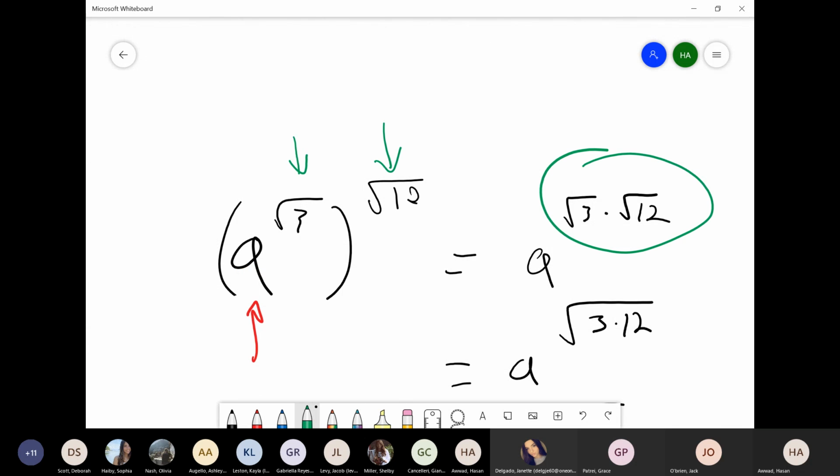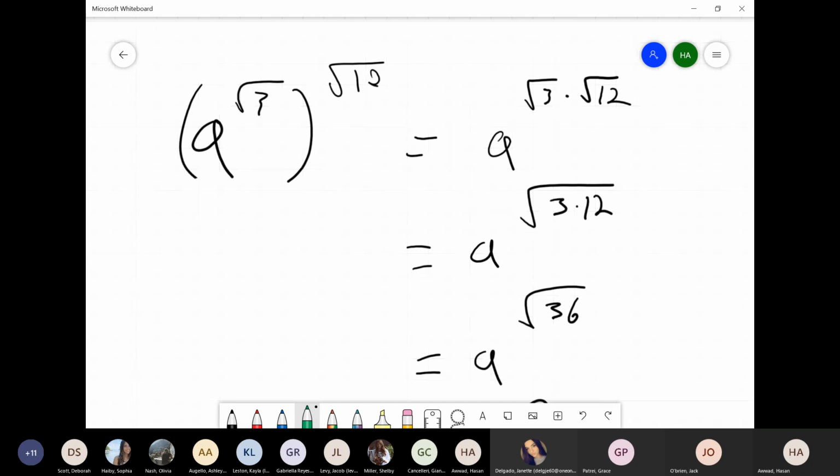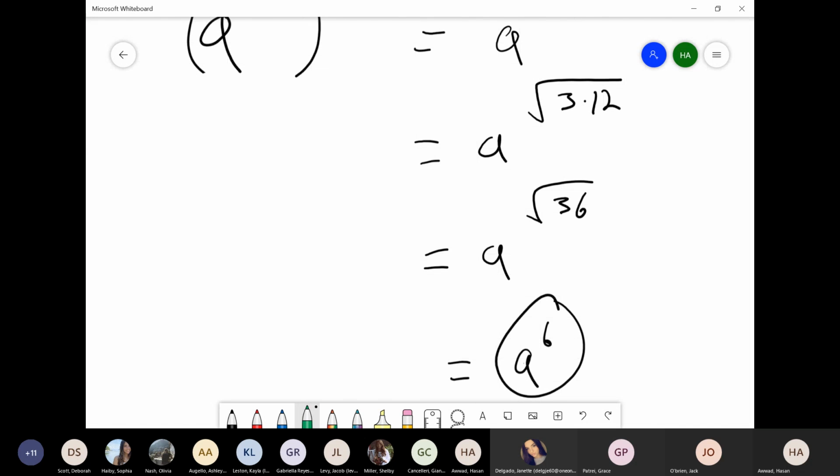So we multiply the 2 exponents together and keep the base the same. And then using our rules of radicals, we know that we can actually combine the 2 radicals, multiply the insides together. And when we do that, we got a perfect square underneath of a square root, which worked out really nicely for us. And we could just simplify it down. Square root of 36 is just 6.